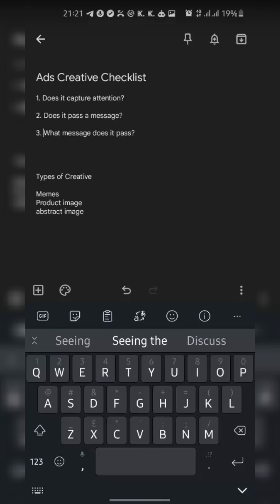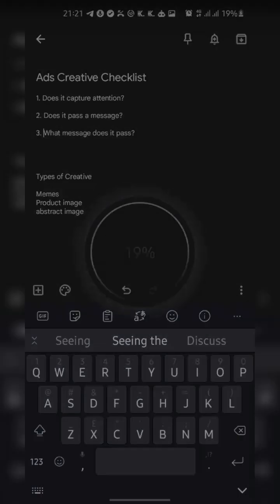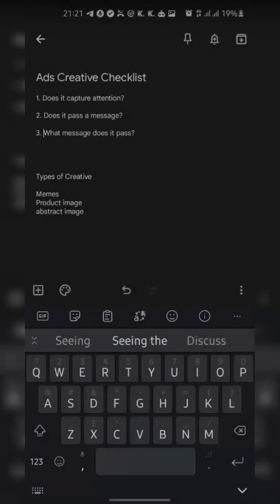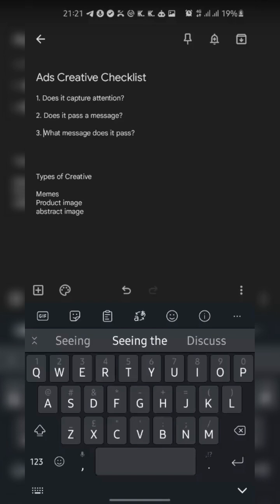Right? So when you are working on your creative, you now have to ask yourself, does it capture attention? It's very necessary that you ask yourself that. If you don't have the right answer, ask people that are close to you. Share it with them, because if it doesn't capture attention, then what's the essence of using it?